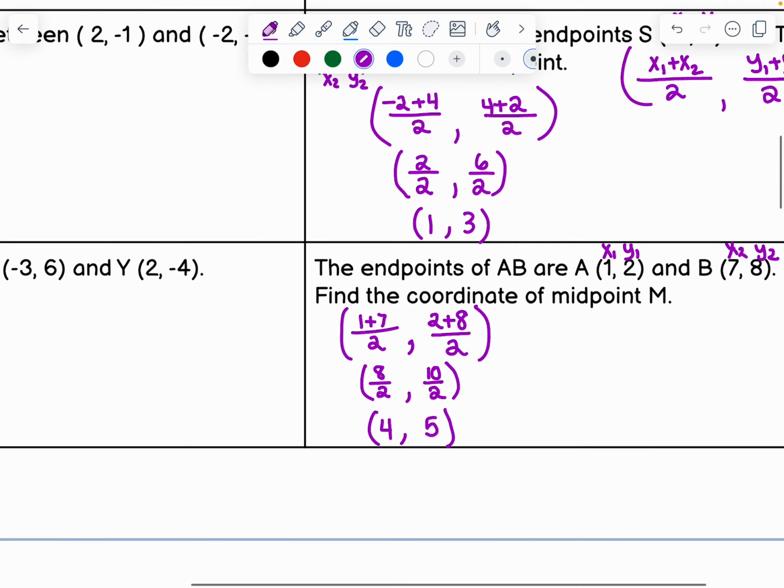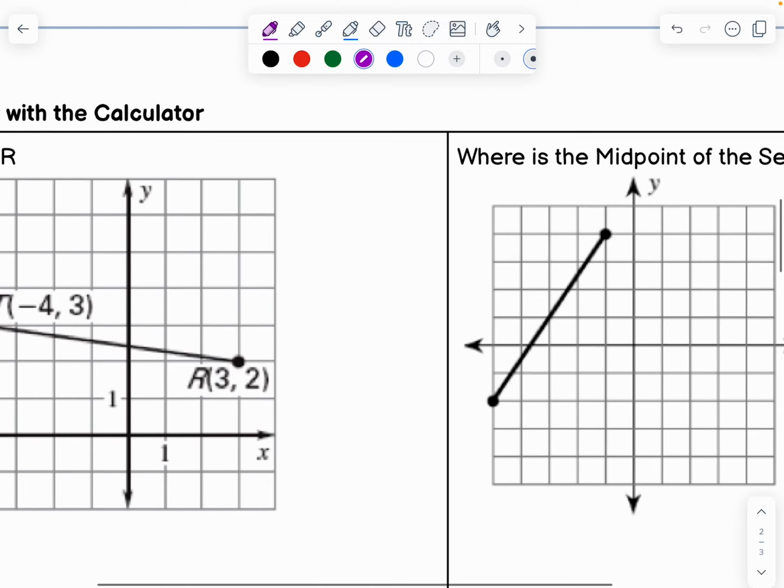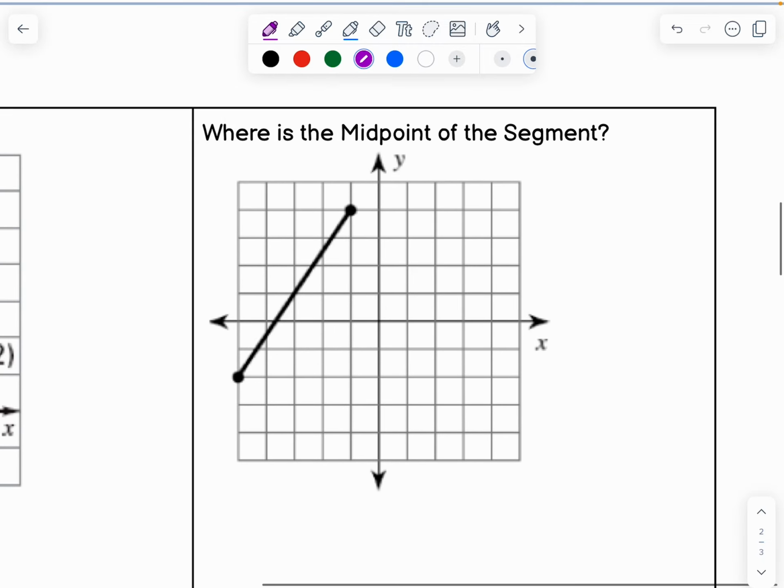Go ahead and flip your paper over to the back, and we're going to continue. Where's the midpoint of the segment? So before we can determine where the midpoint is using our midpoint formula, we are going to tell the coordinates of each point.